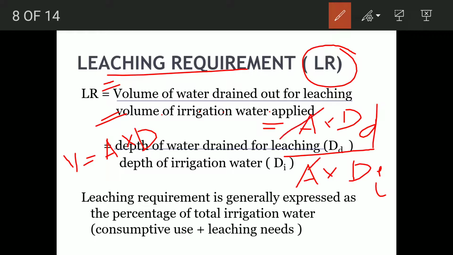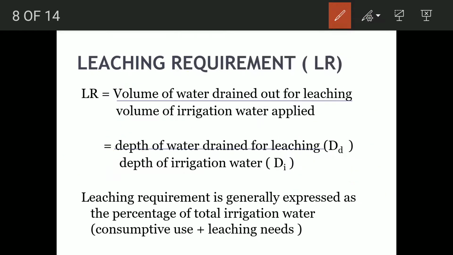A can be cancelled. So, leaching requirement can be written as the ratio of the depth of water drained for leaching, that is DD, divided by depth of irrigation water, that is DI.